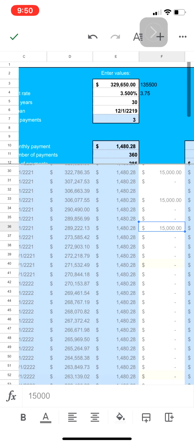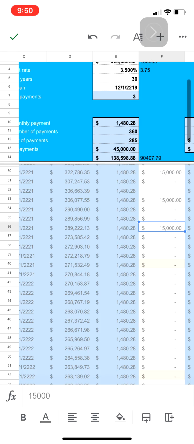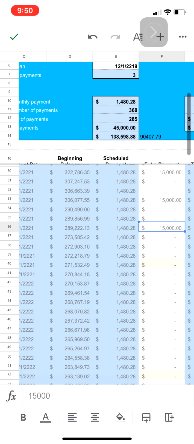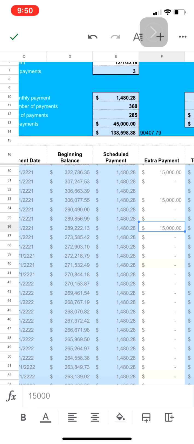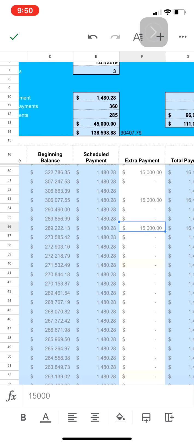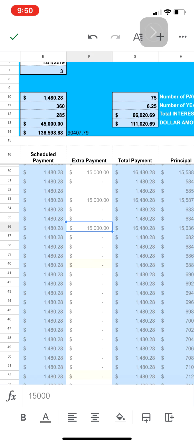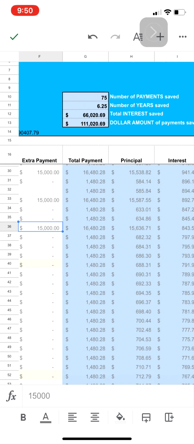So basically this shows you I put all the numbers in, and 45,000 in extra payments, that's just half a year. And look, by doing that, I saved 75 payments. I saved 6.25 years.